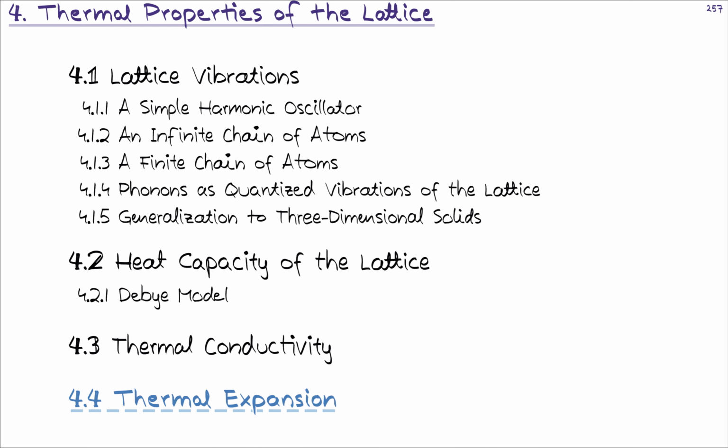And we will learn how the changes in the interatomic potential, which describes the movement of atoms, play a role, and how it is in fact the asymmetric shape of the potential that is important in the process.